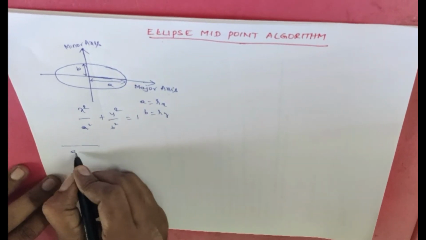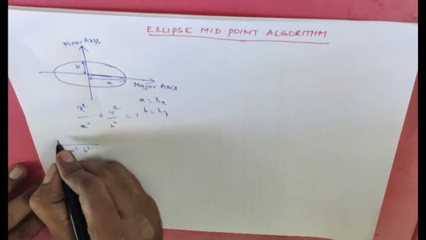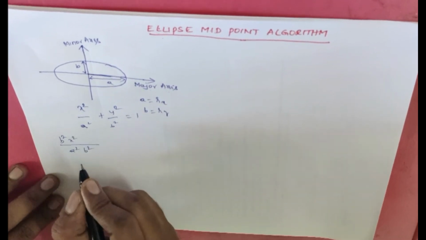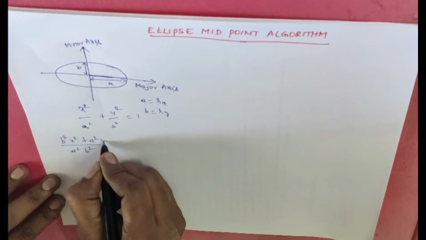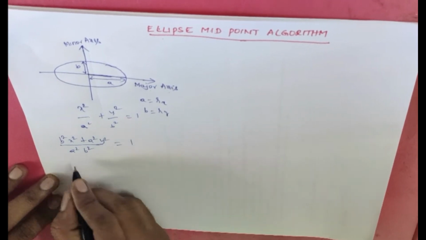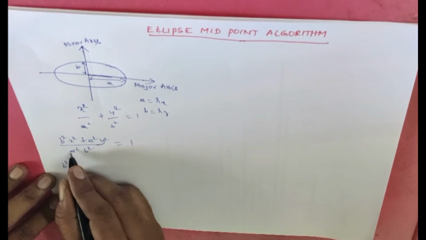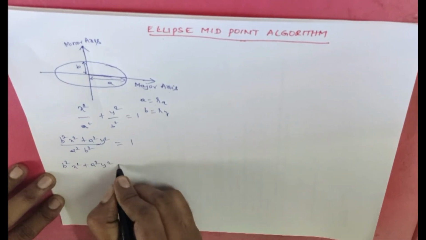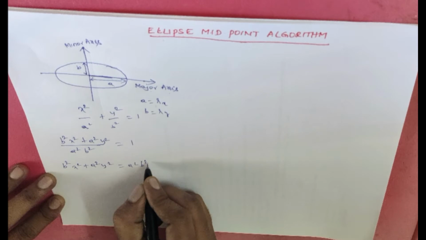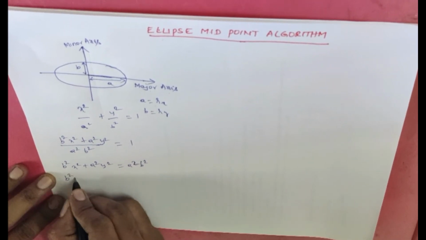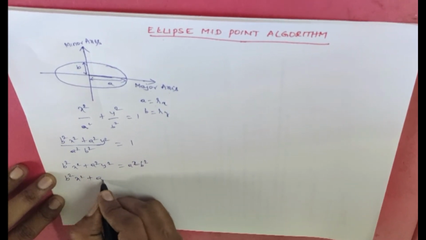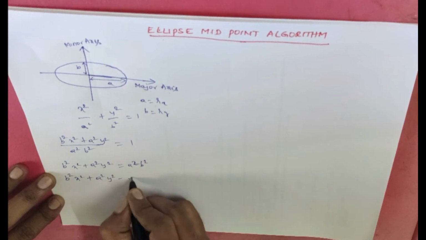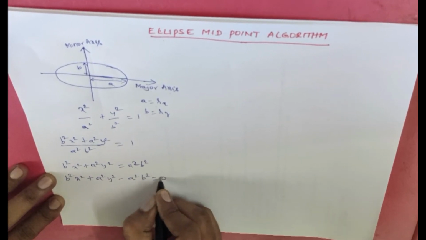I'll take a square b square as the LCM, and this becomes b square x square plus a square y square is equal to 1. Further, I write it as b square x square plus a square y square is equal to a square b square. Further, it can be written as b square x square plus a square y square minus a square b square is equal to 0.